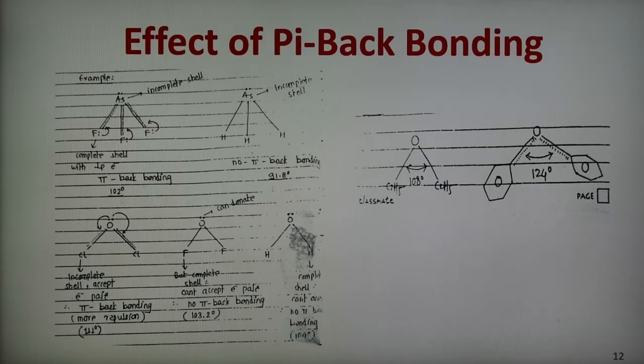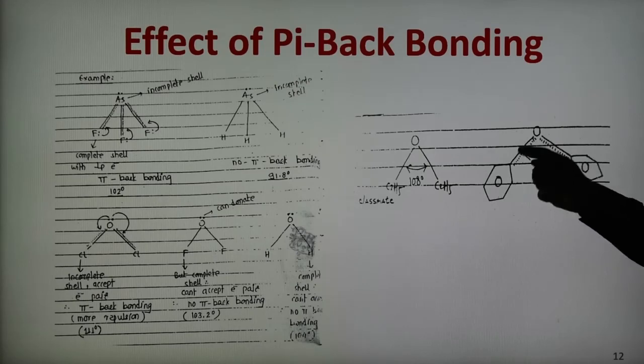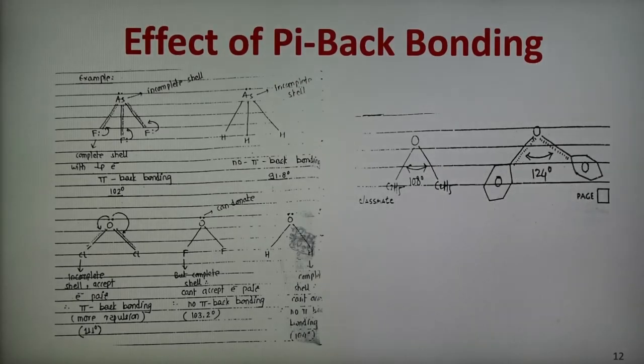While in the case of diethyl ether, the central oxygen and carbon both have completely filled shells, and therefore due to the absence of delocalization, pi back bonding is not possible. A single bond has less repulsive power, so the bond angle in diethyl ether is less, that is 108 degrees. So delocalization is possible here, but not there, and that is why the bond angle in diphenyl ether is more compared to diethyl ether.